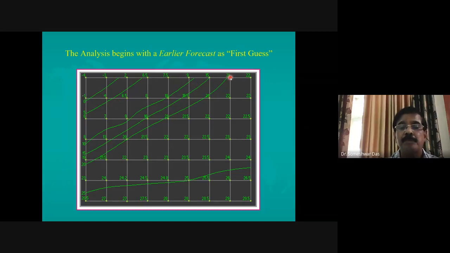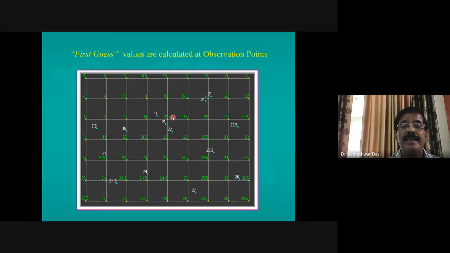These lines are indicating the analysis. This is what you are supposed to get after objective analysis. First of all, the first guess values are calculated at each observation point. The first guess value of temperature, which comes from your background field defined from the model forecast, you will interpolate to the observation point.